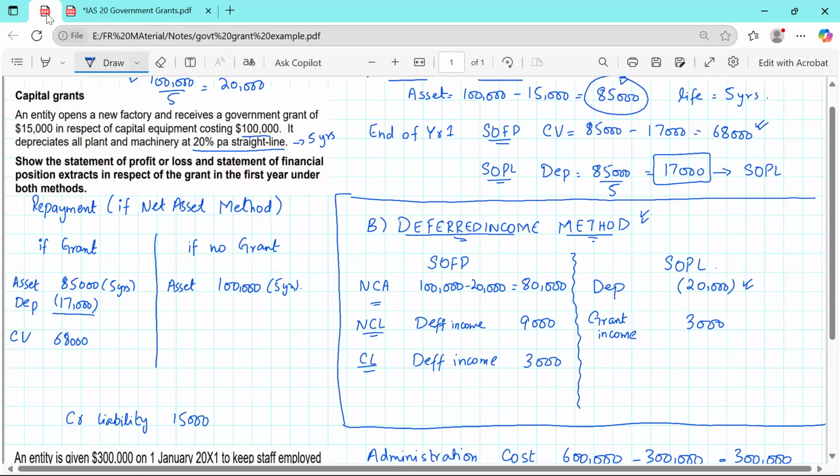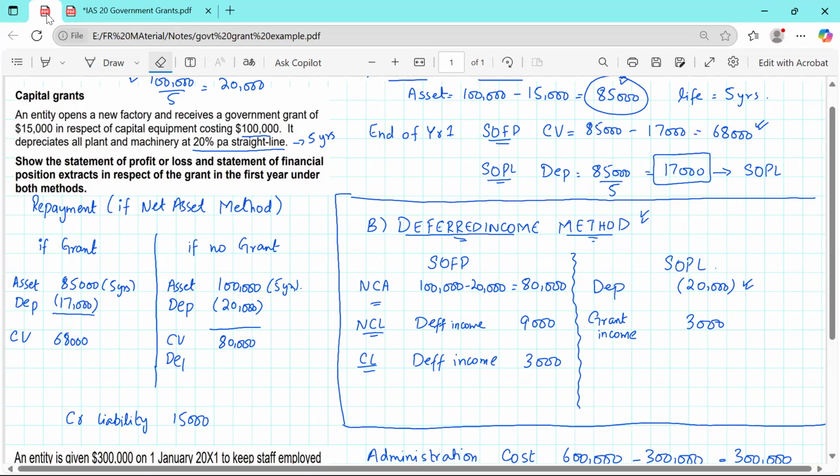Now, how to adjust the other thing is very important. If no grant was there, what would the depreciation have been? 20,000. So the carrying value would have been 80,000, right? Now, in the second year, the depreciation charge, let me do one more thing.